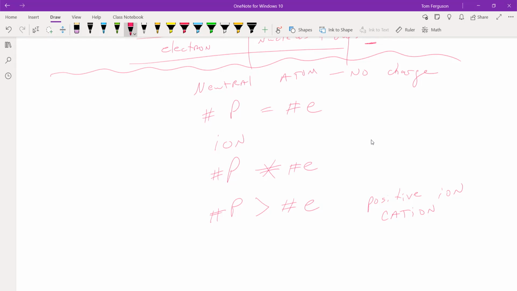And then the opposite situation is we have more electrons, hence it's negative. And that is called an anion. And that word is derived from the anode.